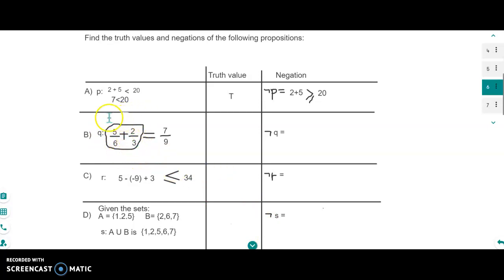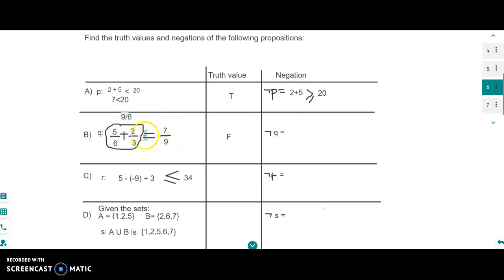So this result is 9 over 6, and this is not equal to 7 over 9. So this is false because this is not equal to this fraction. Okay, this is a mistake. So the proposition is false. The true value is false because we don't have an equality here.